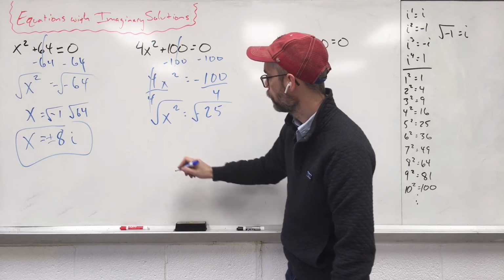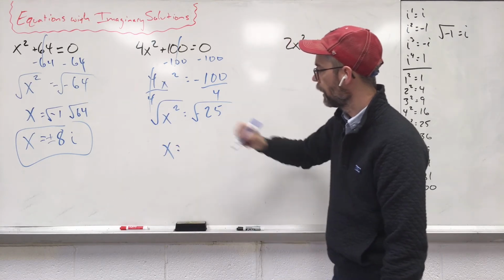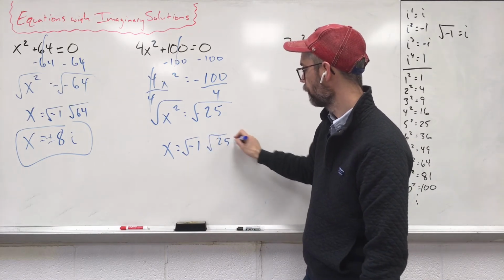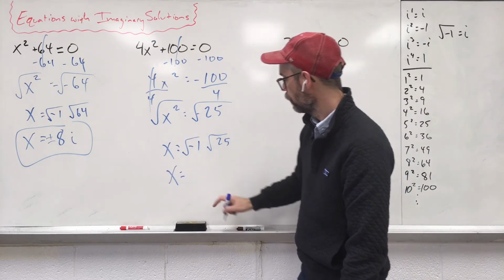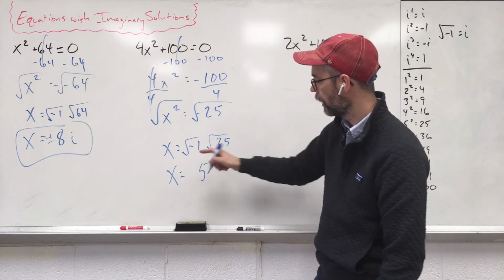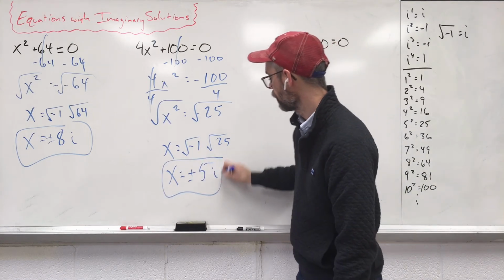The radical and the exponent cancel out. We are left with the square root of -25, but I want to break that up and say the square root of -1 times the square root of 25. The square root of 25 is going to give us 5. The square root of -1 is going to give us i, and in front, plus minus.